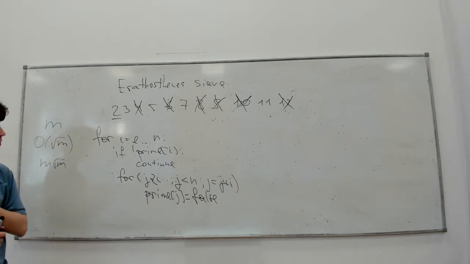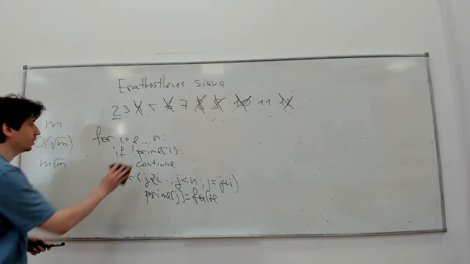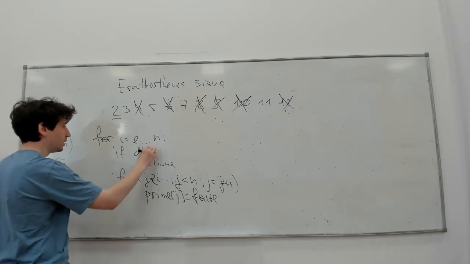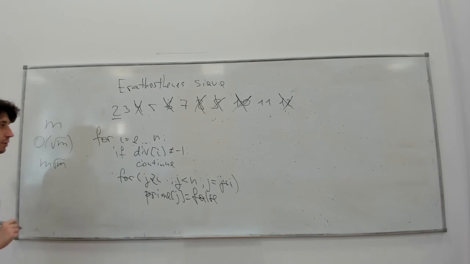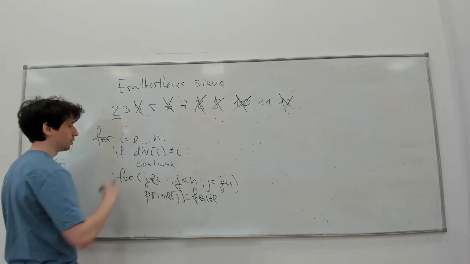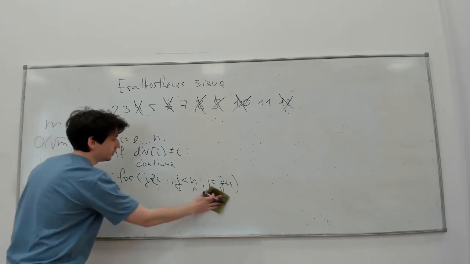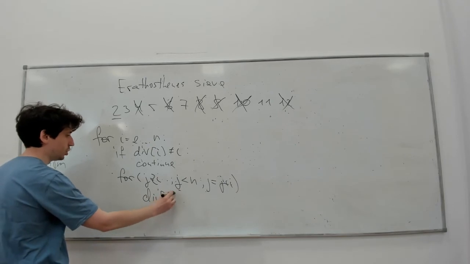So the idea is pretty simple. Let's decide that we store not only whether it is prime, but some divisor of the value. So if div i is not equal to i, then we go over everything and we set that div j equals i.